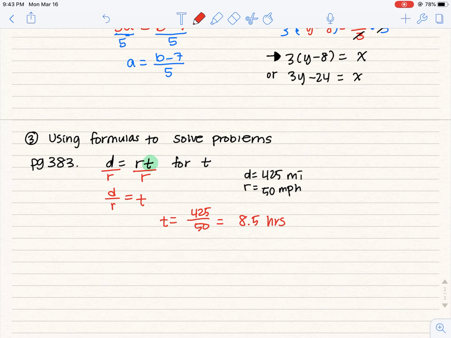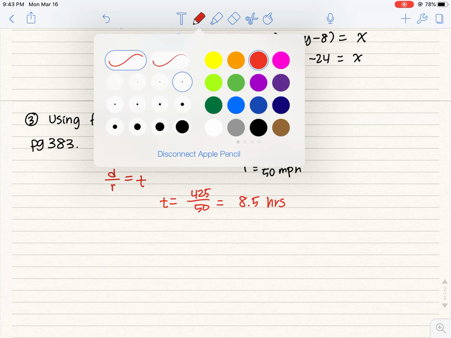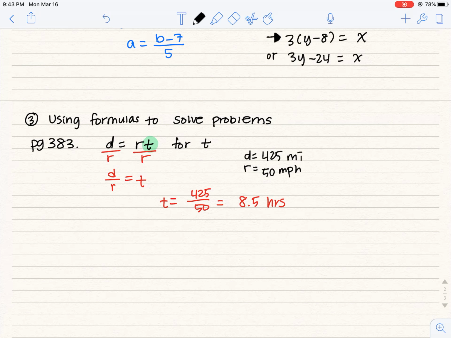So you're going to take about 8.5 hours to travel 425 miles at an average speed of 50 miles per hour. So really all you have to do is plug in the numbers that you know into the formula you get. Okay.